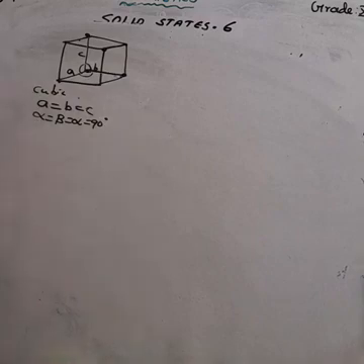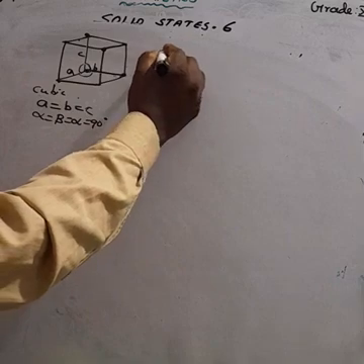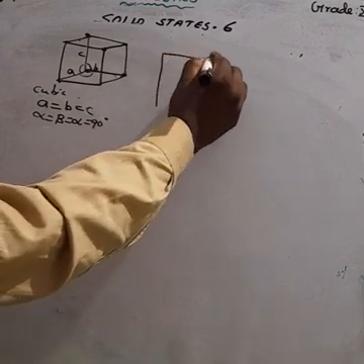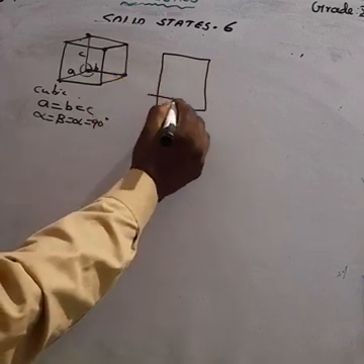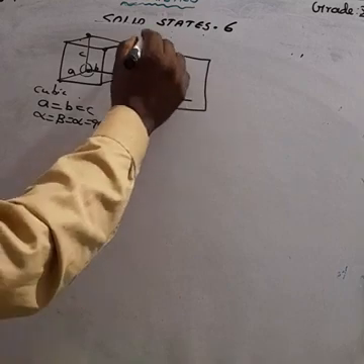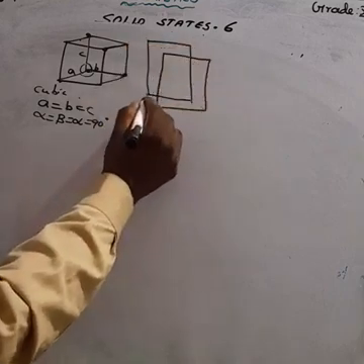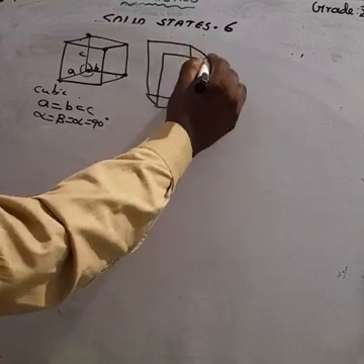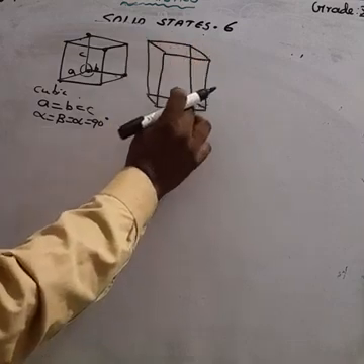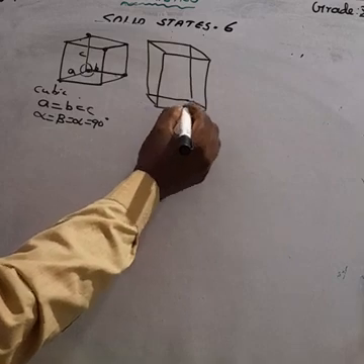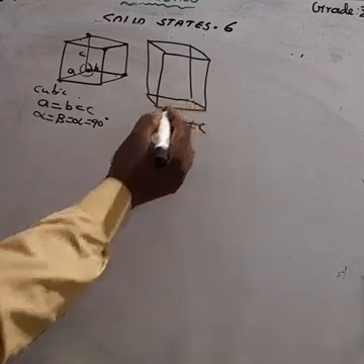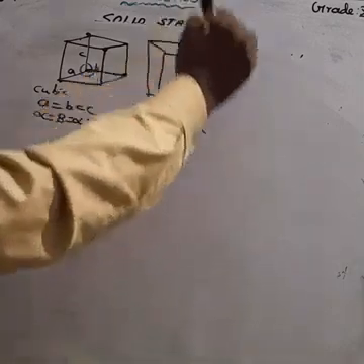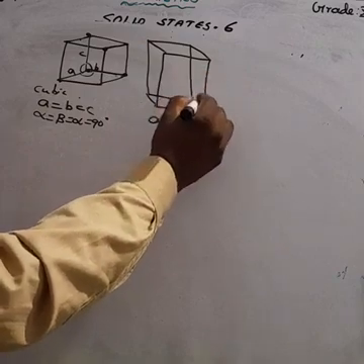Next, as per my order, you have to draw tetragonal. Please look at tetragonal; I am drawing the diagram. Here a is equal to b, but b is not equal to c, because the c length is greater.